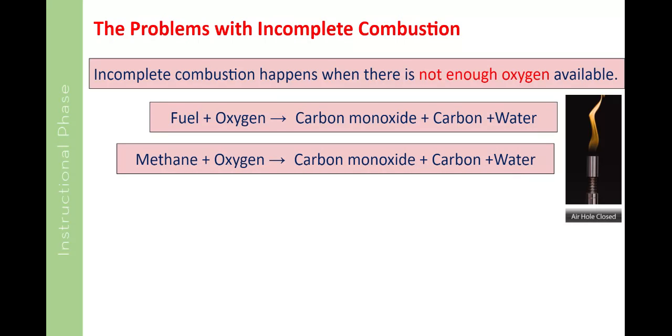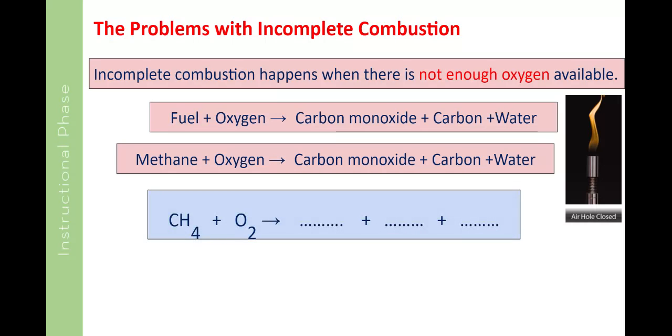And again, we can use the symbol equation to represent this reaction. Now, what do you think the symbols are for the products? Carbon monoxide should be CO, well done. Pure carbon, soot, C, and water, H2O, well done.